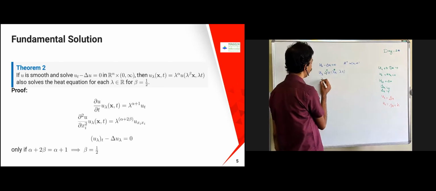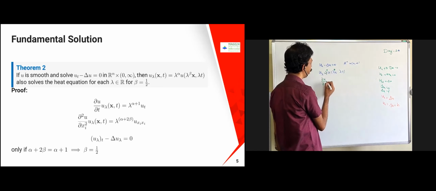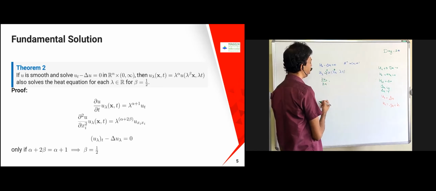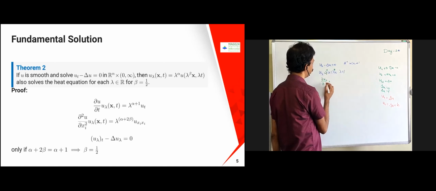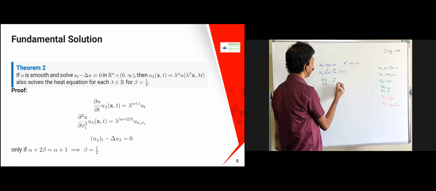What you do is calculate dou u lambda by dou t. That is going to become lambda power alpha plus 1 into ut, because it is with respect to t.